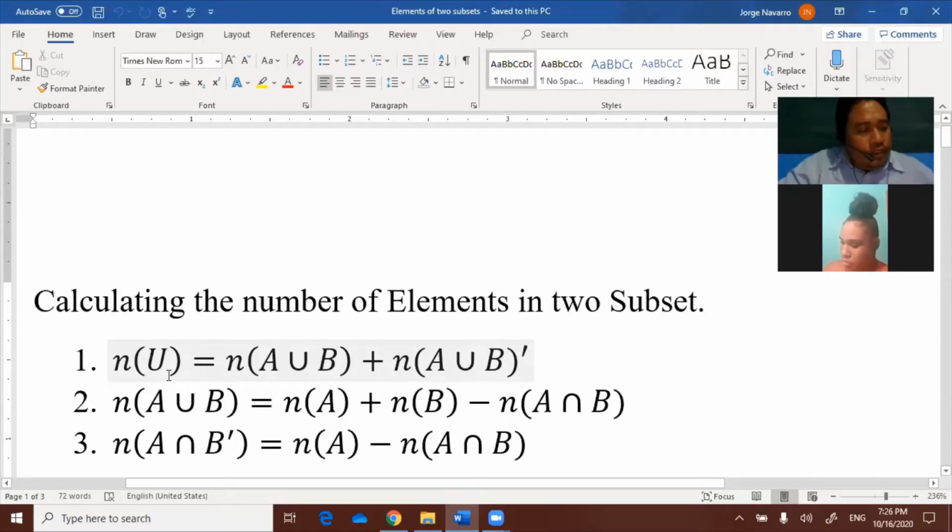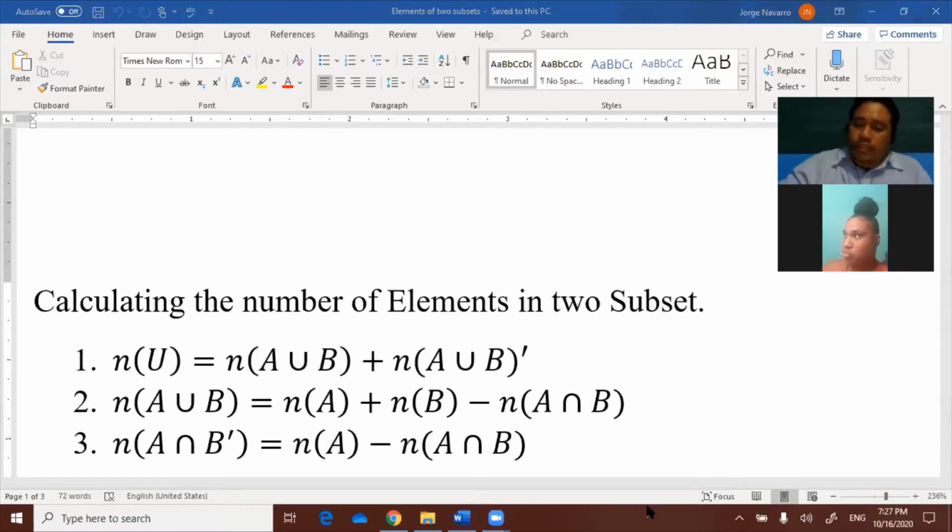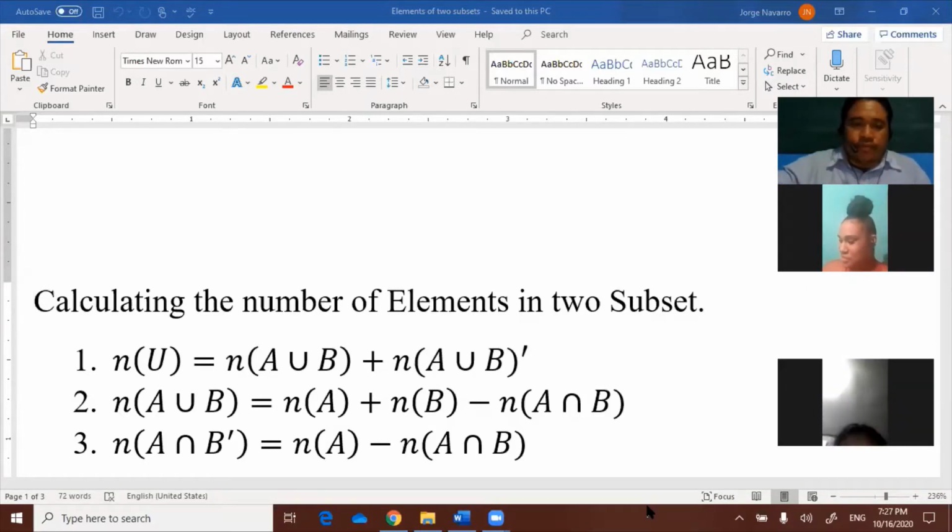Two, the number in A union B is equal to the number in A plus the number in B minus the number in A intersect B. And thirdly, the number in A intersect B complement is equal to the number in A minus the number in A intersect B. Today, we're going to be looking at how these are used to solve these kinds of problems.